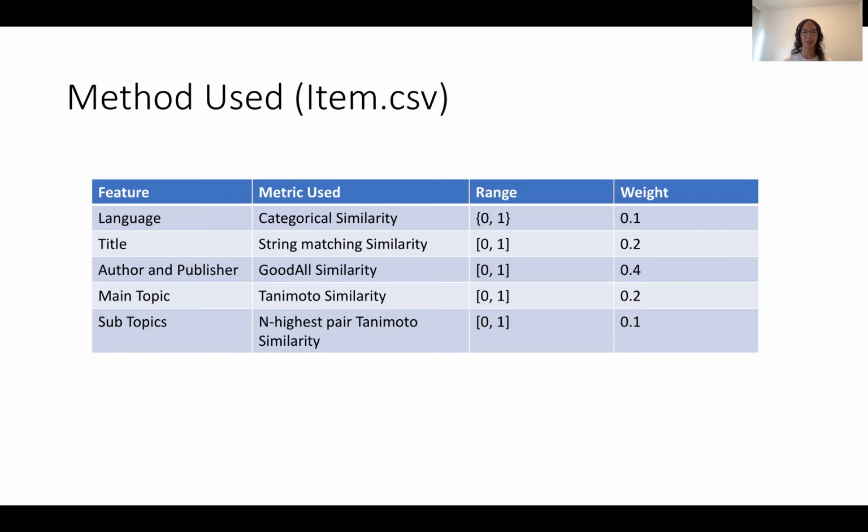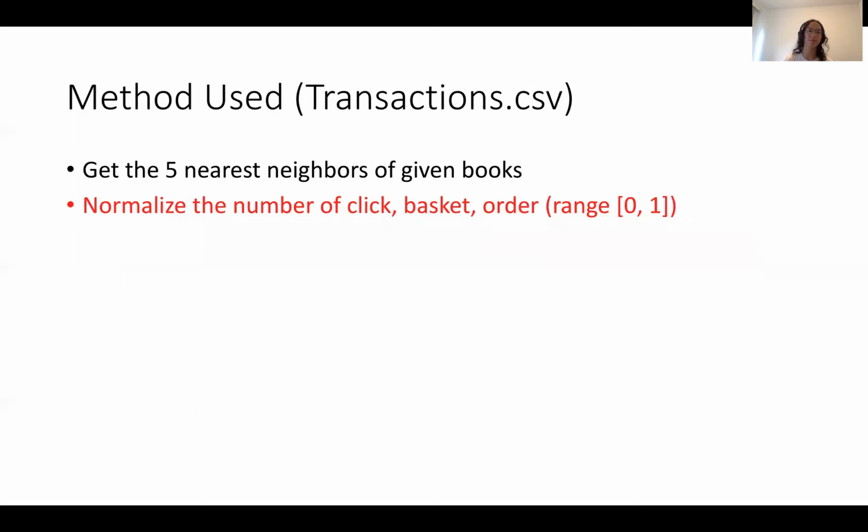For the main topic and subtopic, we use Tanimoto similarity, since this kind of distance and similarity metric is really good for hierarchical data, especially for topics, given how the topic is constructed. And you can see the weights here also.